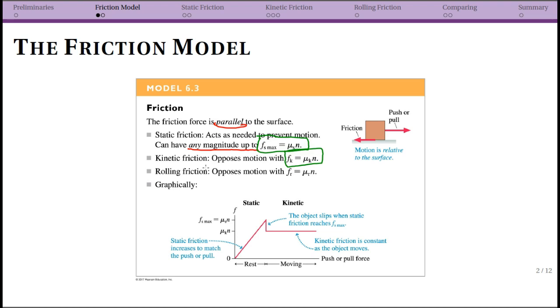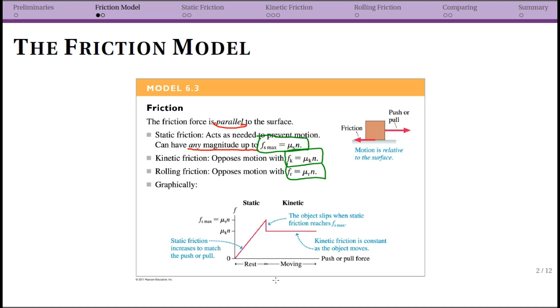The third type of friction is one that we talk about fairly rarely in here, which is rolling friction. Rolling friction is kind of a hybrid case between kinetic and static. This equation looks just like the kinetic one, so in a way, you can think about it as a variation on kinetic friction. We won't usually use that in here. It's so small that we usually just consider it negligible.